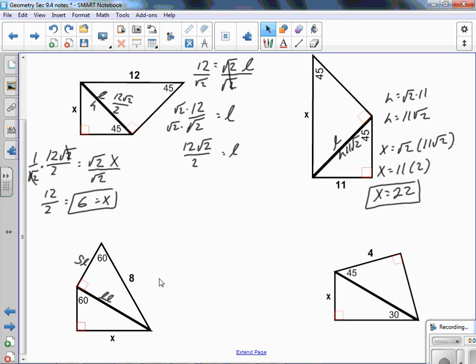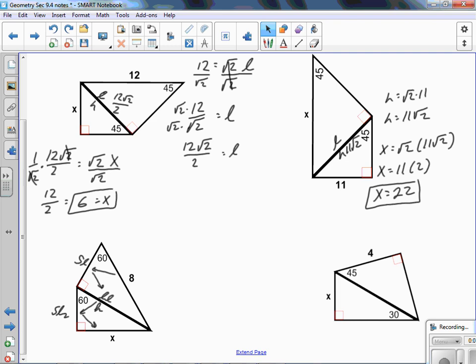And then we're going to go from the long leg there to get the second short leg, and then we can figure out the long leg from there. So we're going from the 8 to the short leg to that long leg, which is now a hypotenuse. So I'm going to flip over to this side and go into the short leg and then to the long leg.